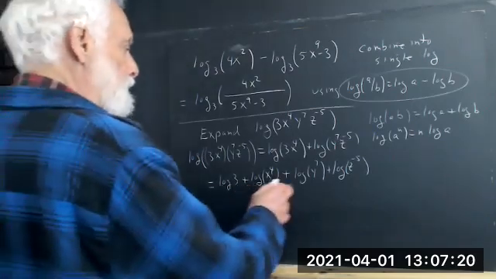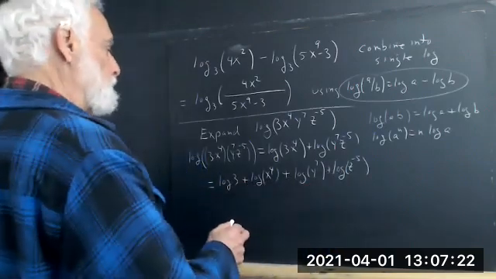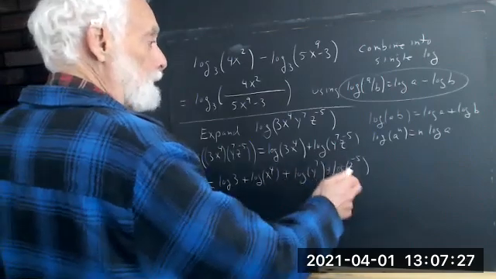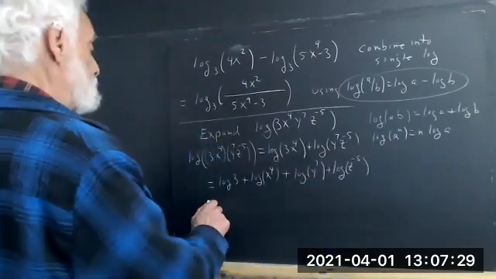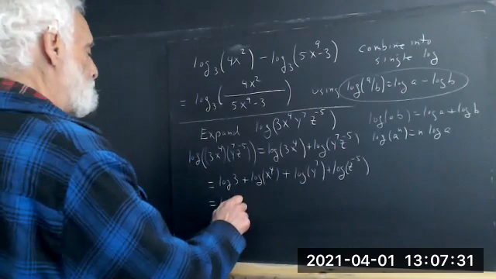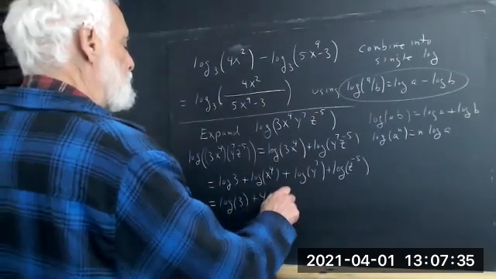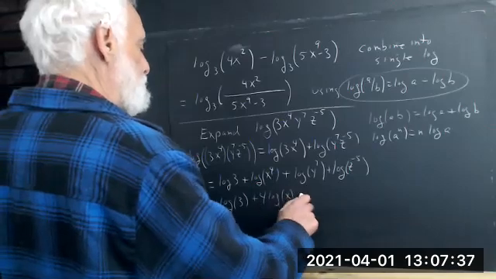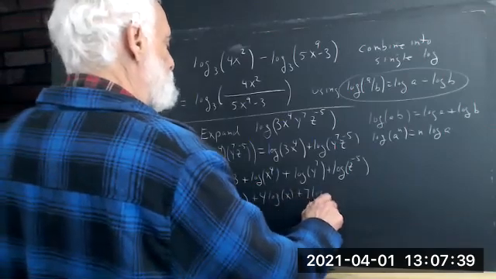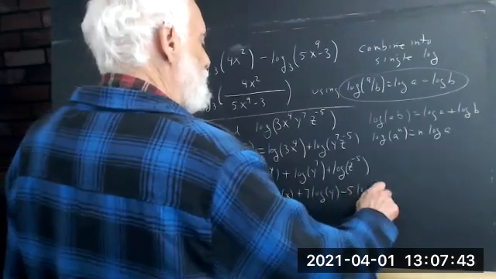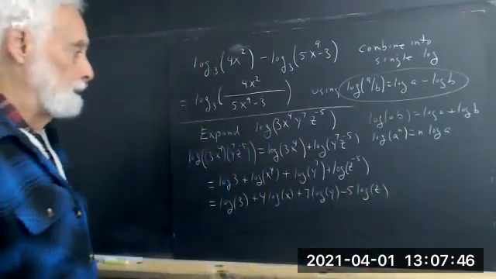Well, that's got it down into 4 separate terms, but now at least 3 of these terms have exponents, so we can apply the second rule and we get log of 3 plus 4 times the log of x plus 7 times the log of y minus 5 times the log of z.